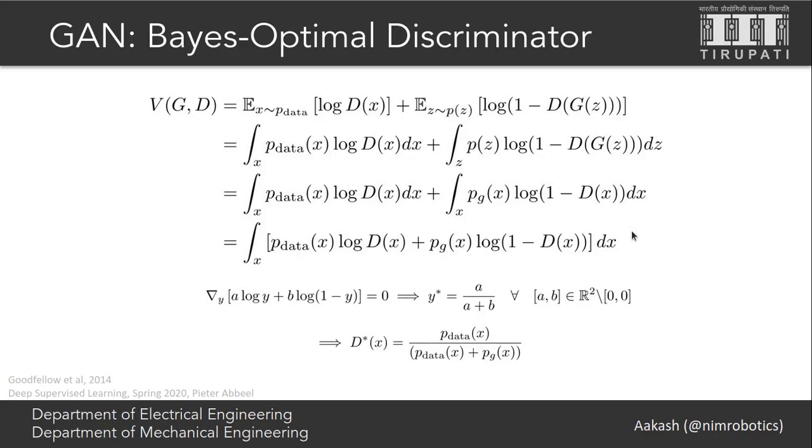After some more modifications and taking the gradient with respect to the discriminator, we obtain the Bayes optimal discriminator, that is D star equal to p data of x divided by p data of x plus p generator of x.